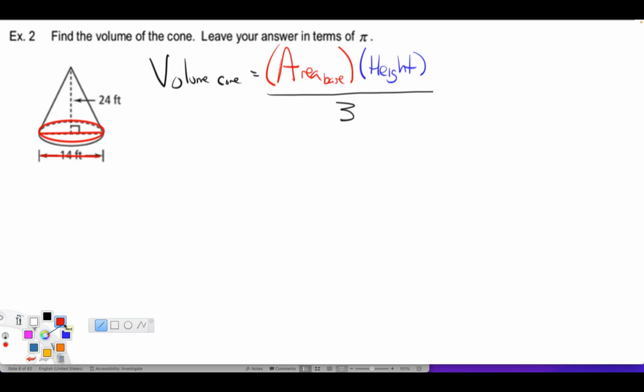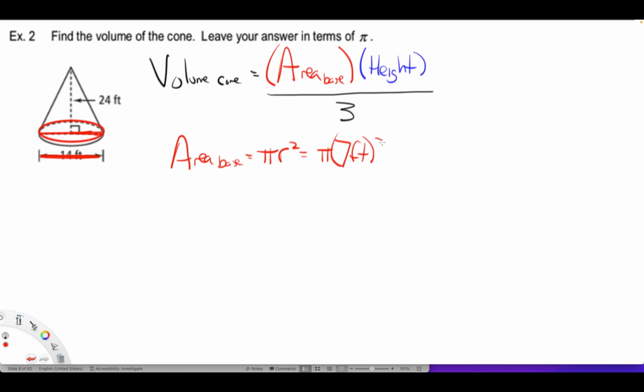And if we want to get the area of the base, like any circle, that's just going to be pi r squared, which is going to be pi. If this whole thing is 14 across, half of it from here to here would be half of 14, or 7 feet across. And we want to take that squared.